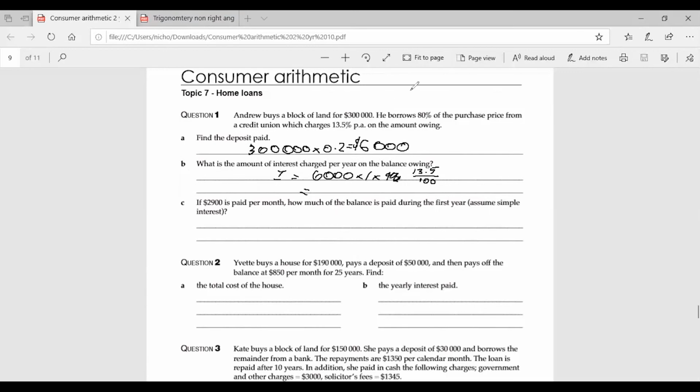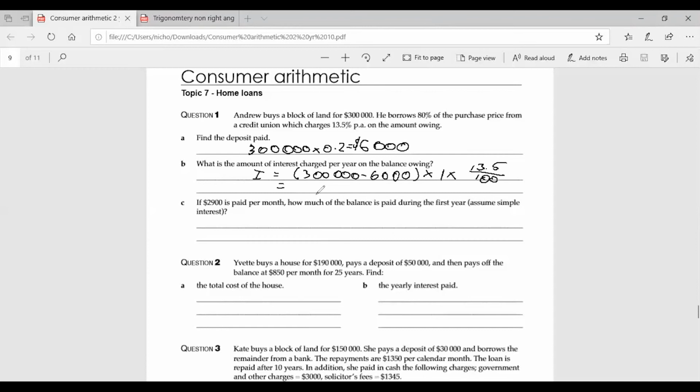Oh, sorry, that's not quite right because that's the deposit. We have to do the amount he's got owing, right? So that'll be 300,000 minus 6,000 times 1 for n and times 13.5 over 100, right? Then we put that into our calculator, and that should give you the interest.